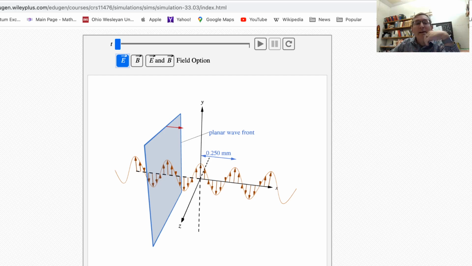And so at this moment in time where we've said freeze, you can see the electric field vectors. And they, in fact, form, in this case, a sinusoidal wave, right? It's a sinusoidal curve. And then there's a wave front, which happens to be at a location where the electric field is a maximum. And when I run the animation, that wave front's going to travel in the direction of the red arrow. Let's watch.